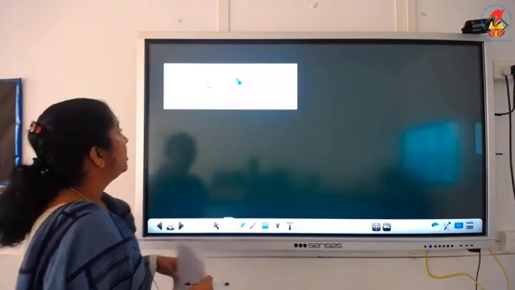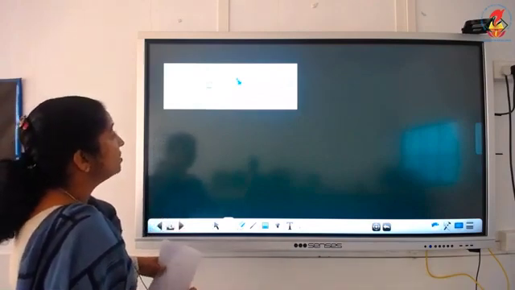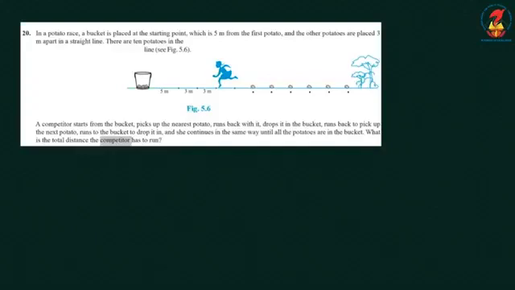Then the 20th question. In a potato race, a bucket is placed at the starting point, which is 5 meter from the first potato, and other potatoes are placed 3 meter apart in a straight line. There are 10 potatoes. So first potato is kept here 5 meter, then 3 meter away, then 3 meter away, like that.